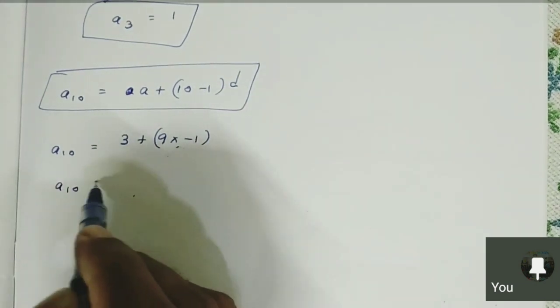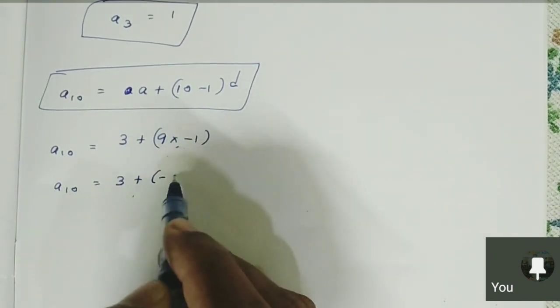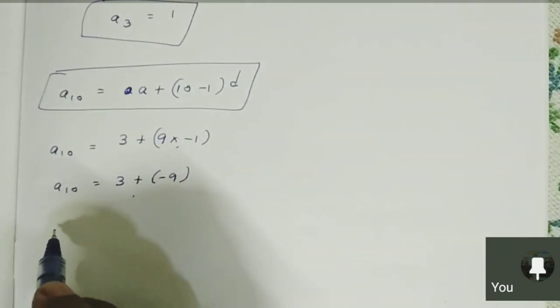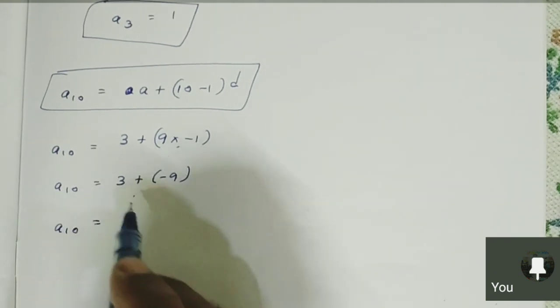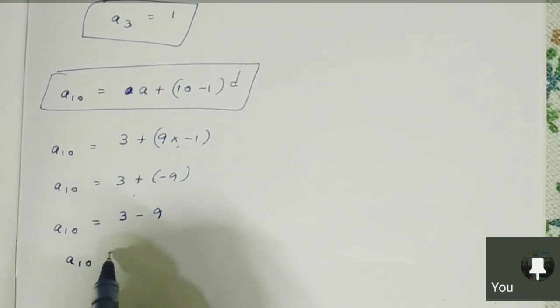So A10 is equal to 3 plus 9 into minus 1, which is minus 9. So A10 is equal to 3 minus 9.